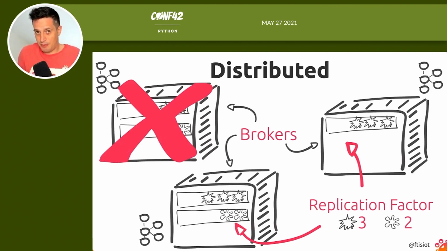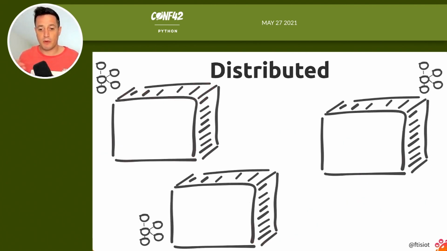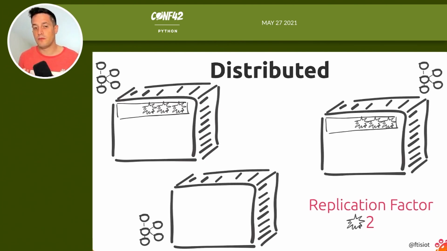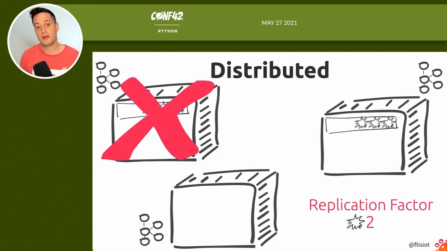So let's have a deep look at what happens with Kafka. We have our 3 nodes, and let's go to a very simple version where we have just one topic, our sharp edges topic, with 2 copies, so replication factor of 2. Now let's assume that we have a failing node. What happens now? Well, Kafka will detect this node as failing and will check which logs are available in my cluster.